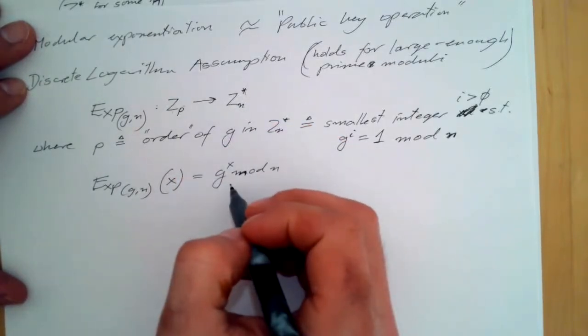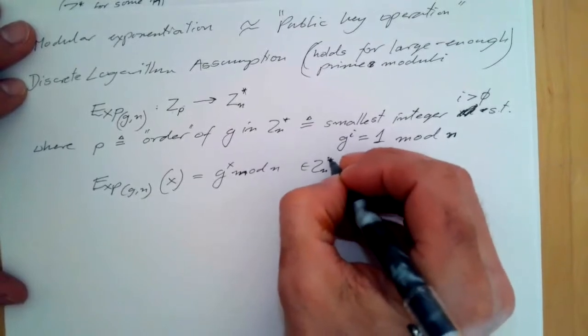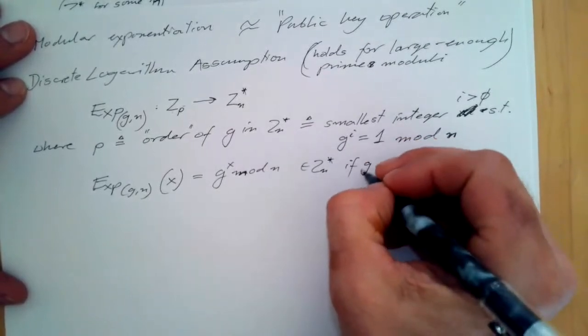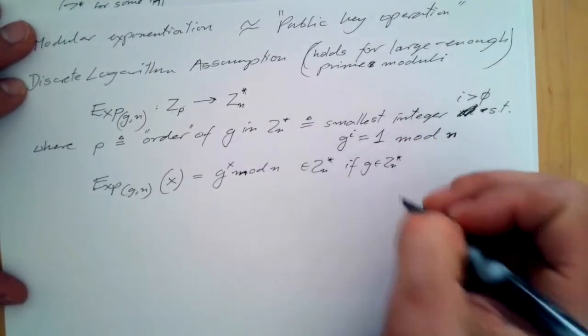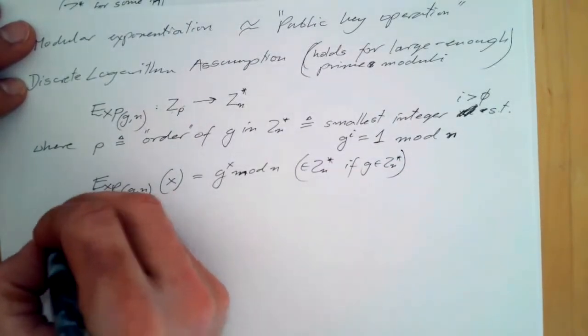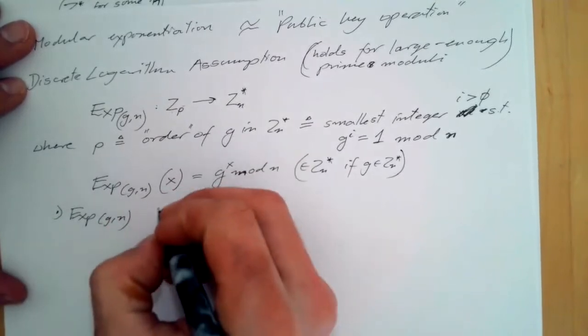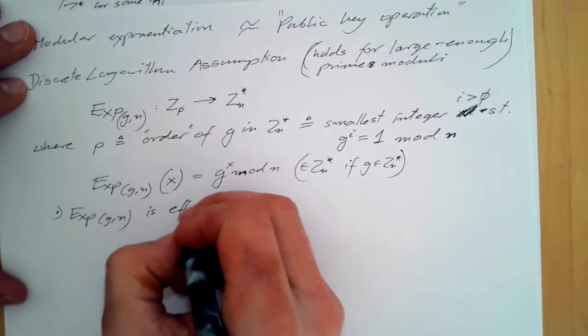So this is all good. The exp_{g,n} function is efficiently computable.